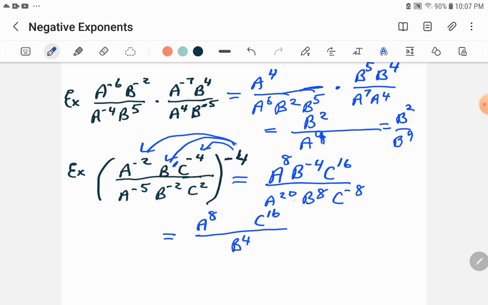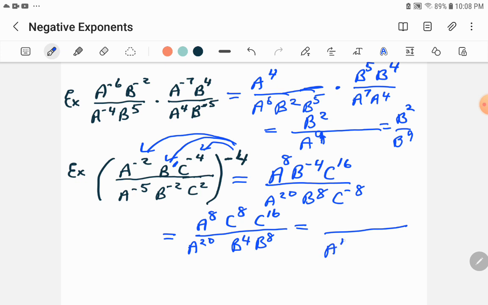Then in looking at the denominator position, a20 can stay there. B8 can stay. But c to the minus 8 goes up and becomes c plus 8. So now just looking at the a's, the bigger power is in the denominator, so we could just subtract 8 from 20 and get 12.